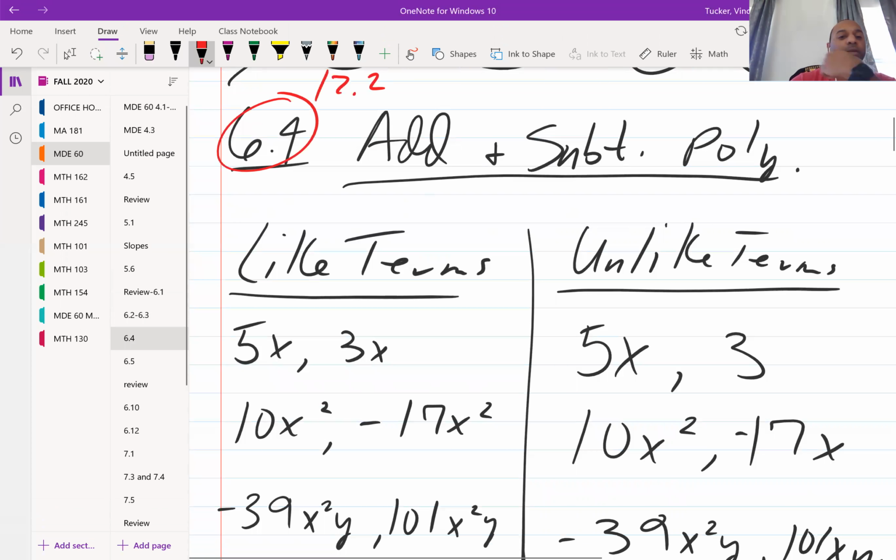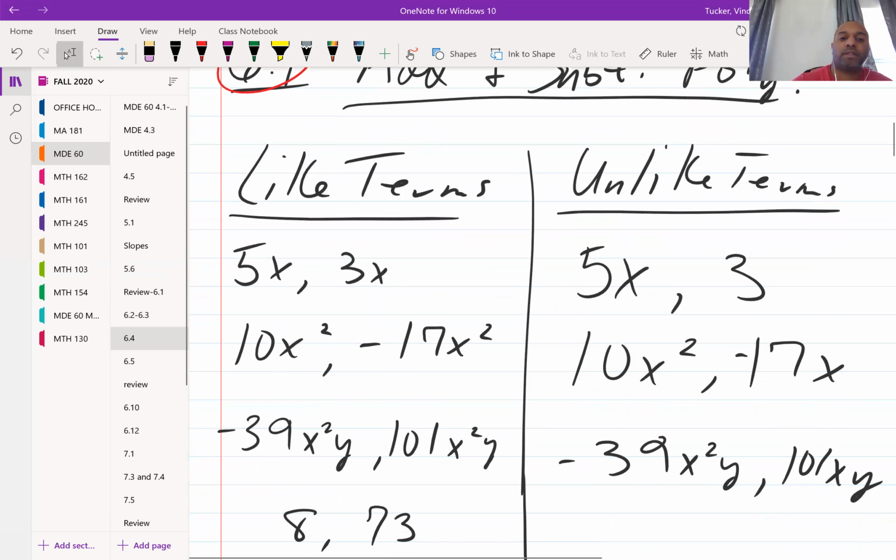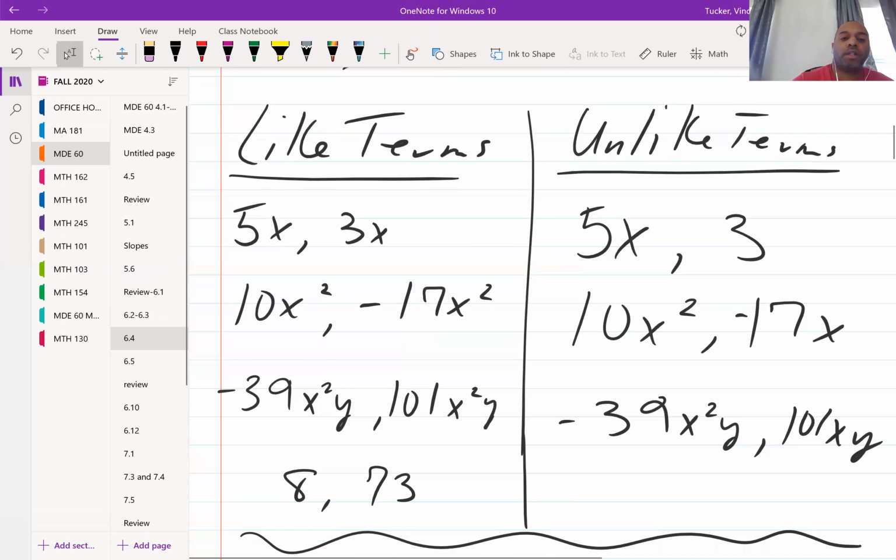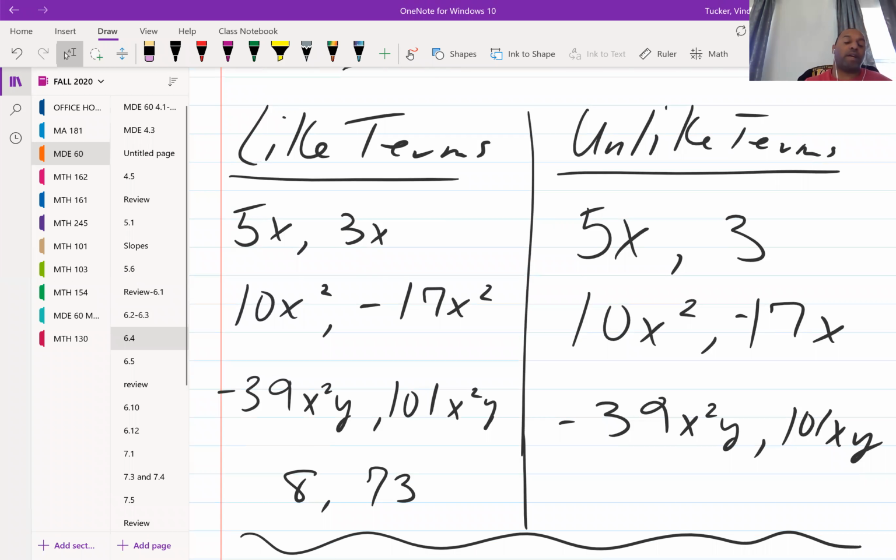So we're looking at like terms and unlike terms. In order for you to be able to add and subtract your terms, they have to be considered like. And what we mean by that is that they have to have the same variables, same exponent on your variables, same amount of variables in each one of your terms.